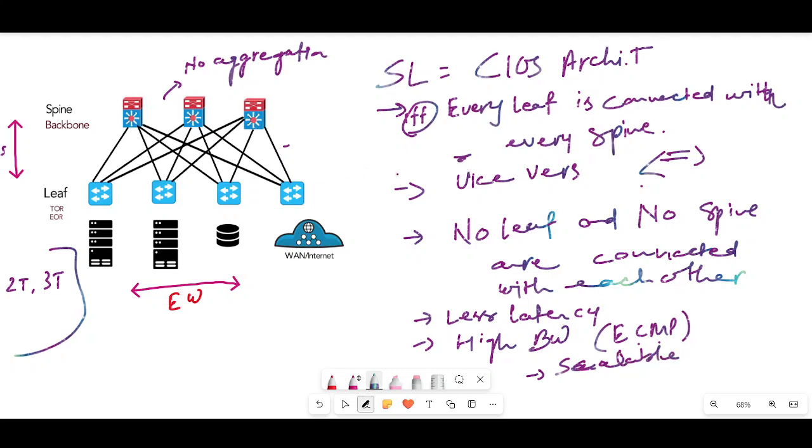There are more features of spine leaf architecture that we should consider. We can attach another exit interface, which I will consider as the leaf, and then a router will come.